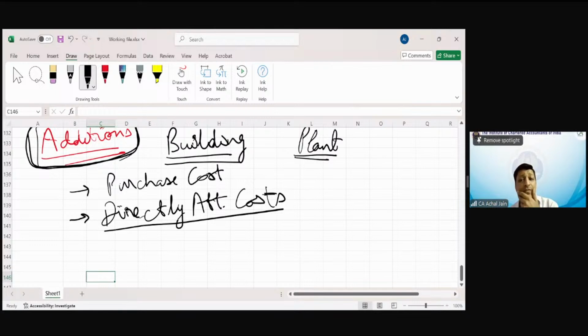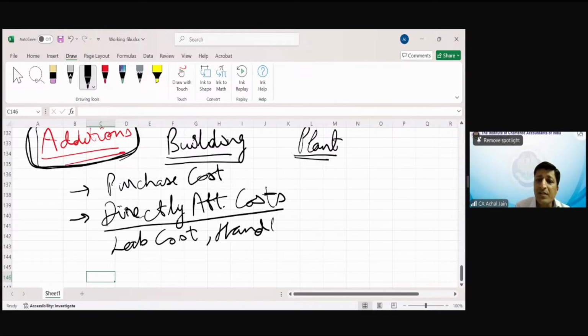Prem says cost of acquisition. No, cost of acquisition, of course, is there. Shivansh says labor cost. Very good. See, same way like we discussed for inventory. Rehana says renovation cost. Yes, of course. Handling charges. Yes, of course. This is what Jendra says.